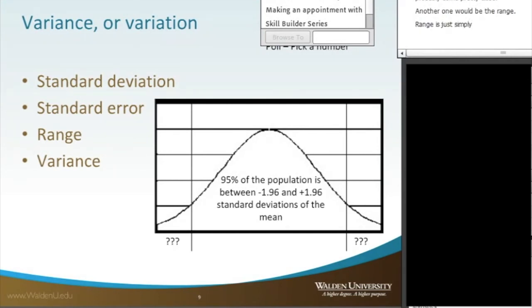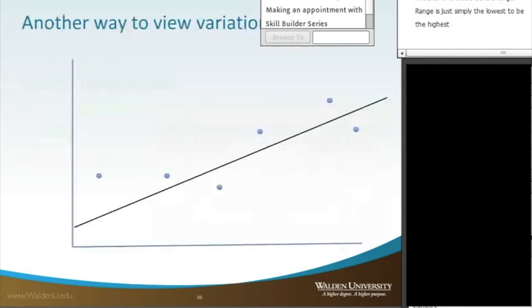And the variance, let me give you an example of variance. There are a couple of different ways, depending on the type of data you're using, to calculate variance. This is looking at a regression line, a correlation of two variables. We're going to do this in one of the subsequent webinars: we could calculate the correlation coefficient, which is called an R value.